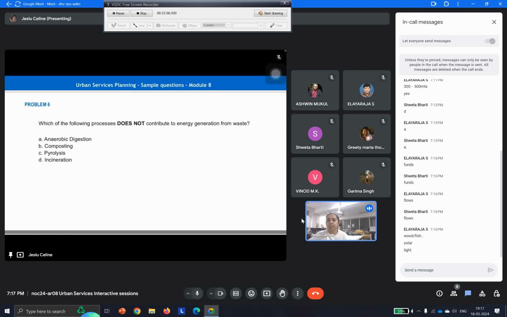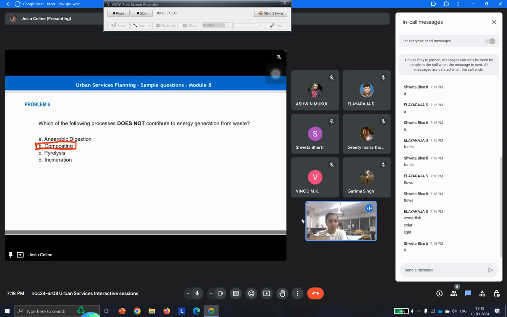Which of the following processes does not contribute to energy generation from waste? A, anaerobic digestion, B, composting, C, pyrolysis, and D, incineration. B, composting. Yes, very good. So composting we have discussed in detail in last week's module, where we discussed the different types of composting and landfill.